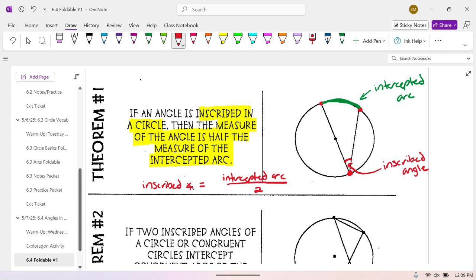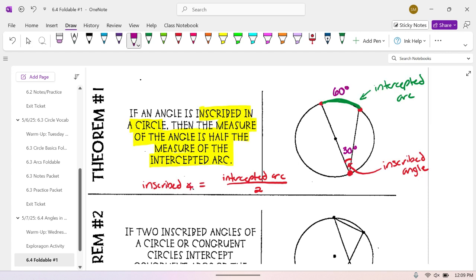So if I gave you the inscribed angle and wanted you to find the intercepted arc, how would you find it? For example, let's say this inscribed angle was 30 degrees. What's the intercepted arc measure? 60.